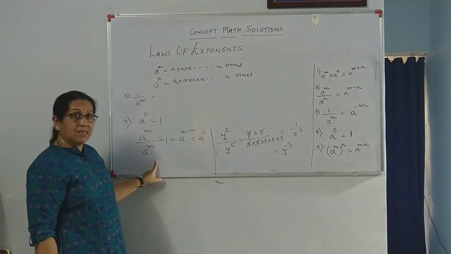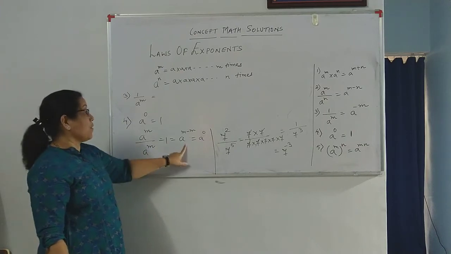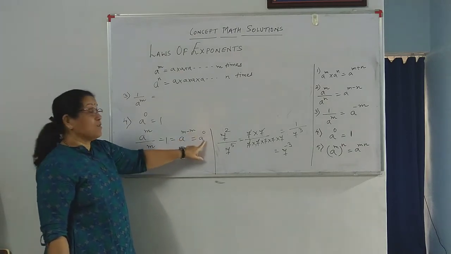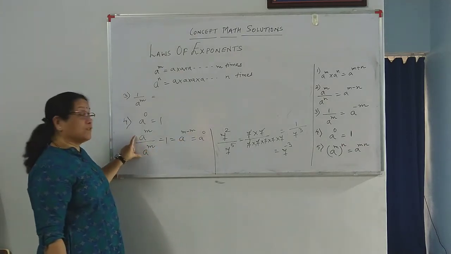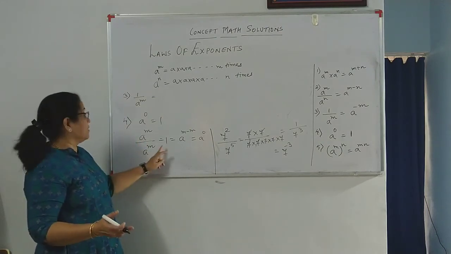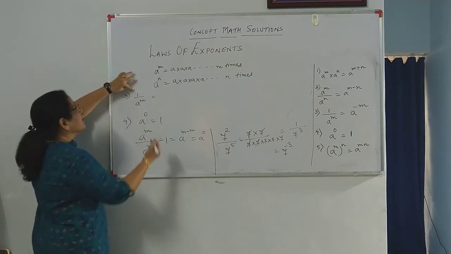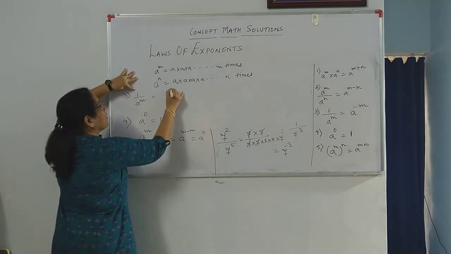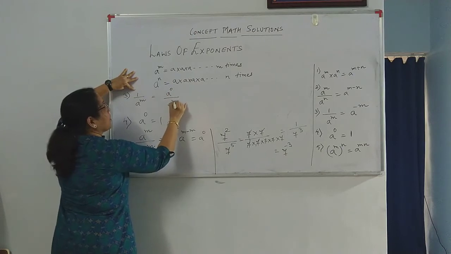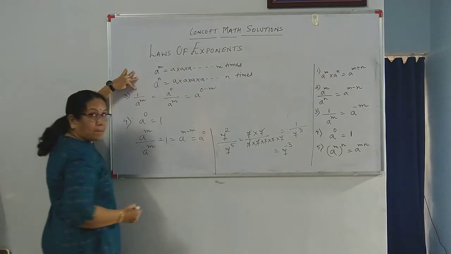Did you understand this? So a to the power m upon a to the power m is a to the power m minus m, which is a to the power 0, and division of same terms like 8 by 8 or 15 by 15 is 1, right? So a to the power 0 is 1. So here what I do, I put a to the power 0 upon a to the power m. So that will be a to the power 0 minus m.